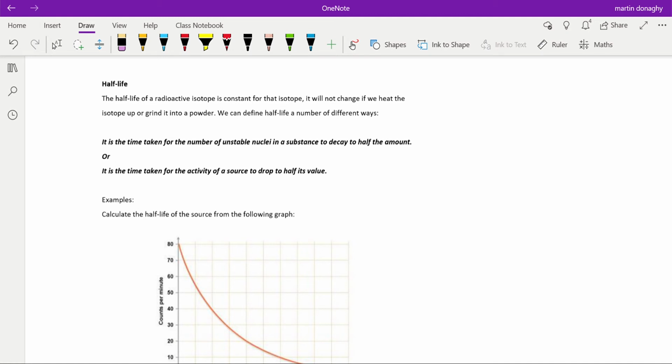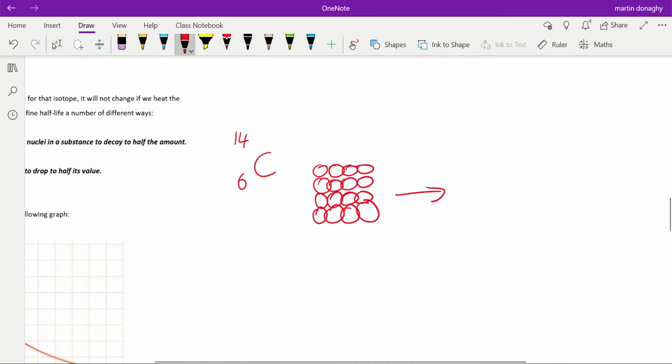It is either the time taken for the number of unstable nuclei in a substance to decay to half that amount. So for instance, let's say I did have carbon-14 and I have, let's just make it 16 unstable carbon-14 nuclei. It'd be the time taken until half of them remain.